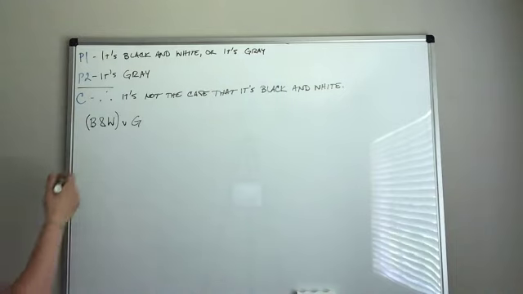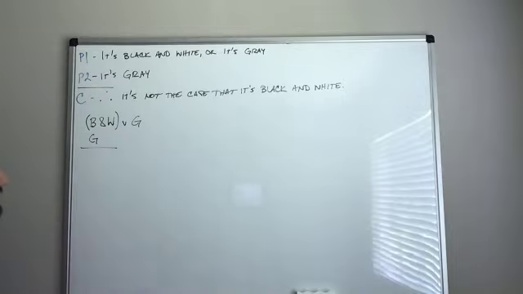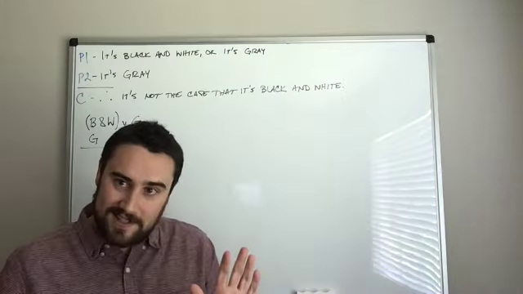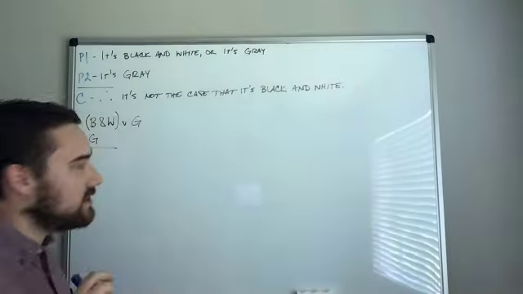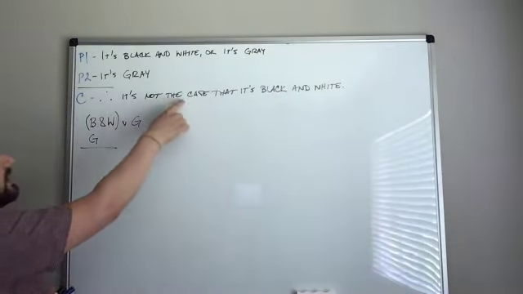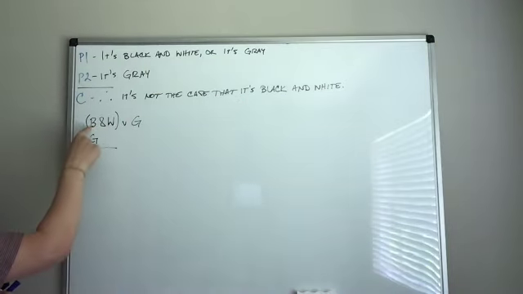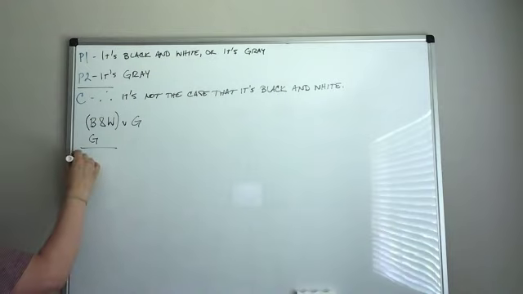Second premise, pretty straightforward. It's gray. And then the conclusion. This sentence is slightly problematic because there's a couple ways you could render it. What I'm trying to get at here is it's not the case that it's black and white. In other words, what I want here is a negated BNW.